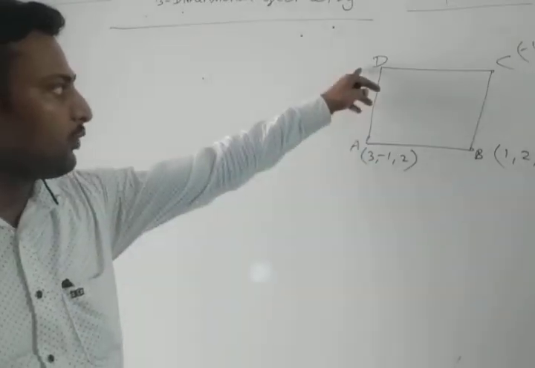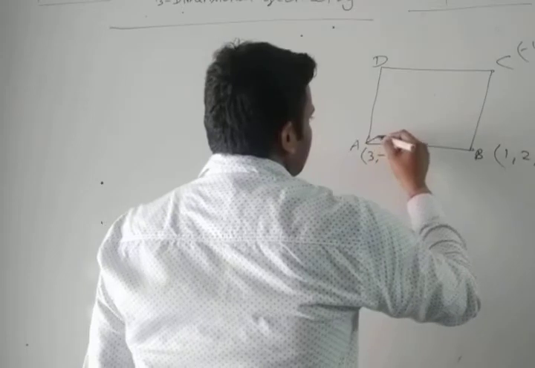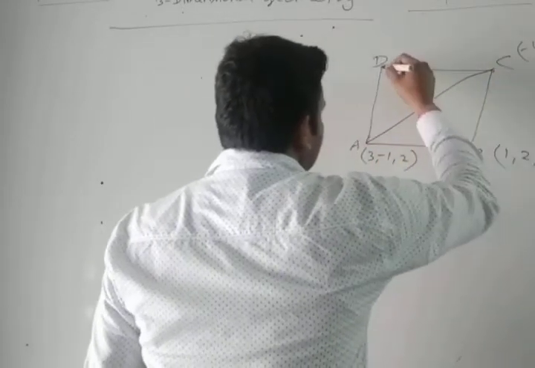We have to find the fourth vertex. So let's join the diagonals AC and BD.